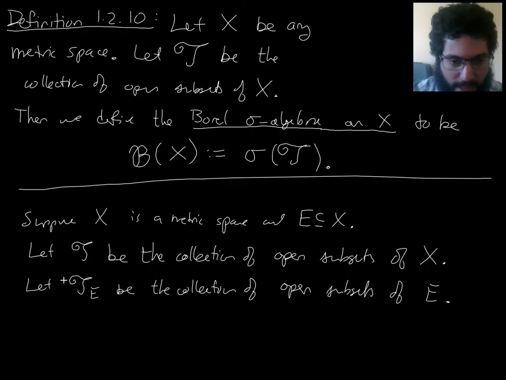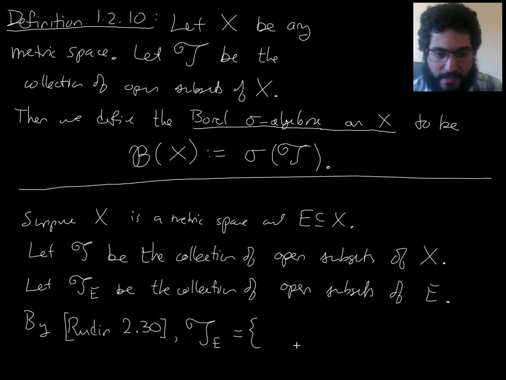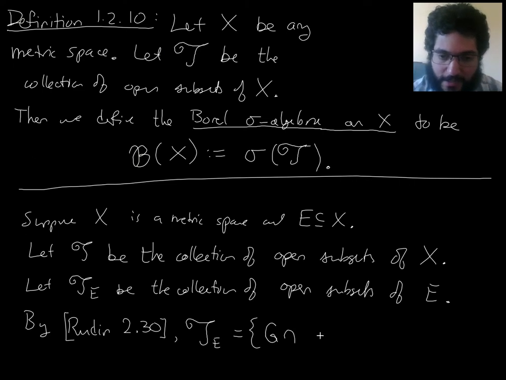We saw that the collection of open subsets of E is not just, what one might naively think, the open subsets of X that are also subsets of E. No, it's not that. It's take the open subsets of X and intersect them with E.